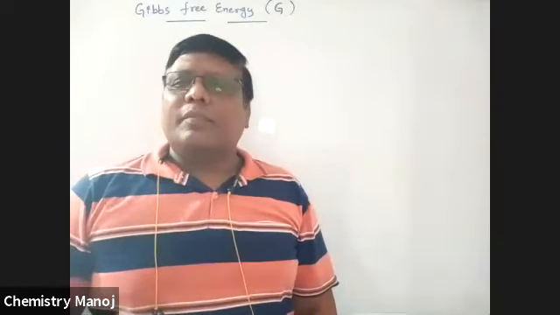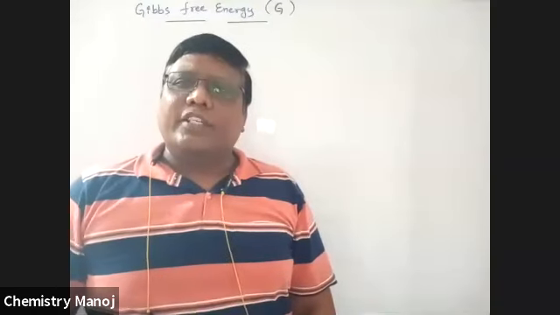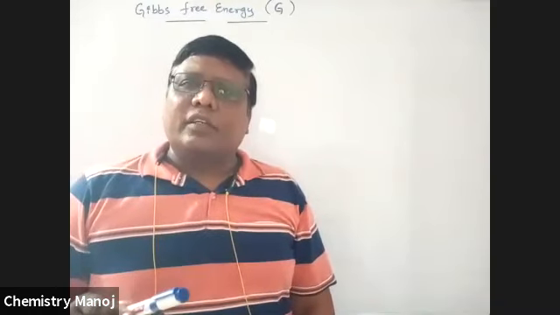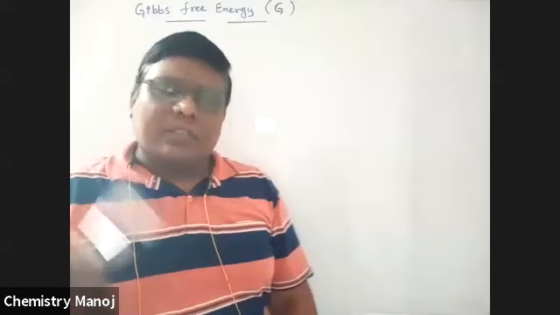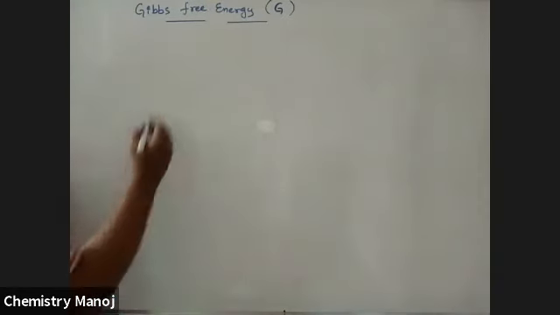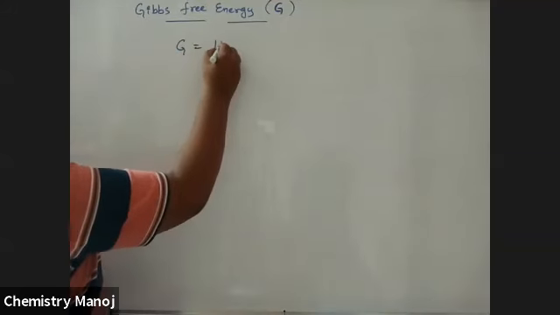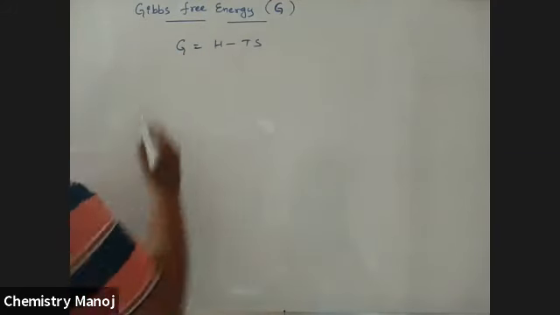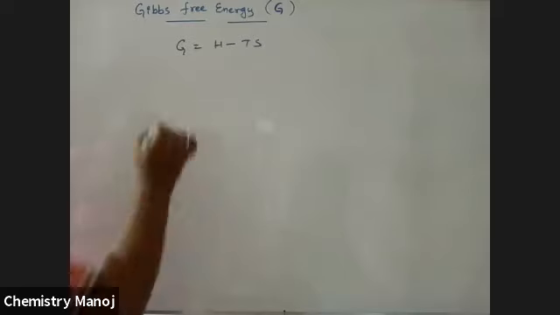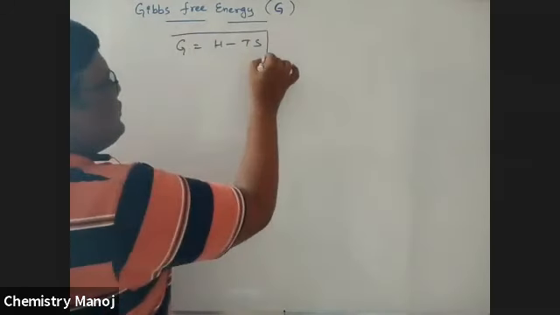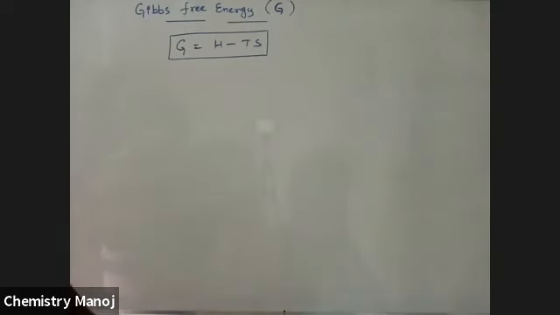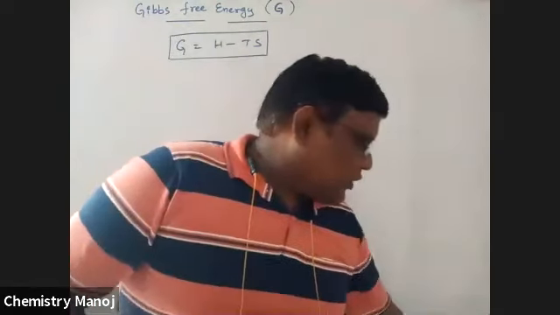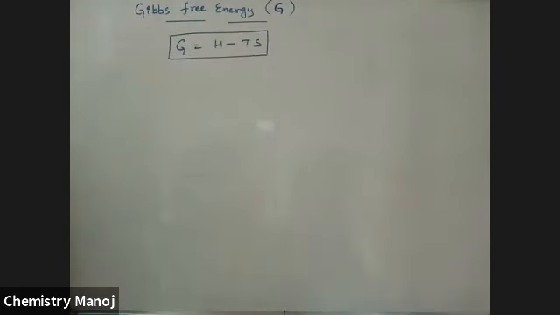So delta G is nothing but the change in Gibbs energy. That G function, our scientists defined as G is equal to H minus TS. This is the definition for the Gibbs function.